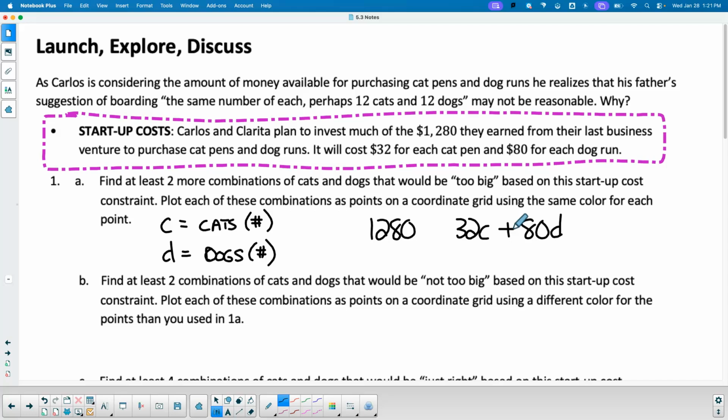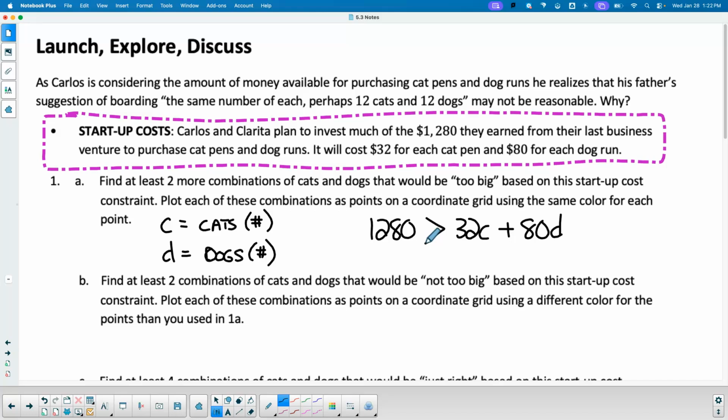The 1,280, right? Because the 1,280 is the amount of money that they have to spend, and they can't spend more than that. Correct? So the alligator is going to eat the 1,280? Okay? So it's going to look like that.